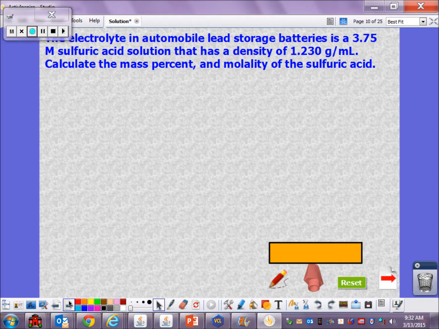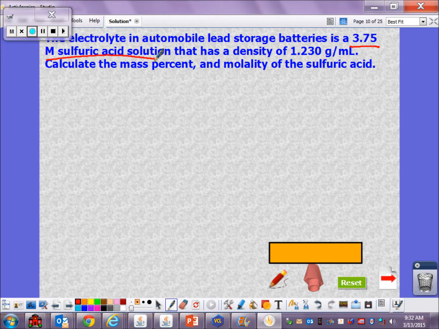Now here's another one. The electrolyte in automobile lead storage batteries is a 3.75 molar, okay, this is our molarity, 3.75 molar sulfuric acid solution. Oh, this is a little bit different.